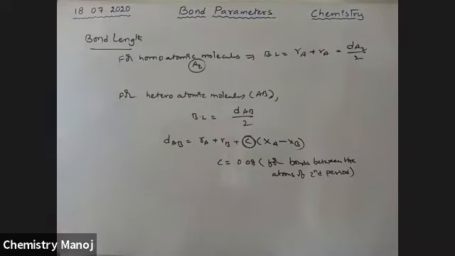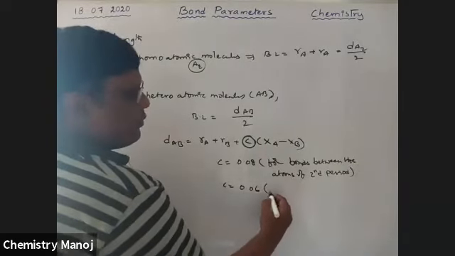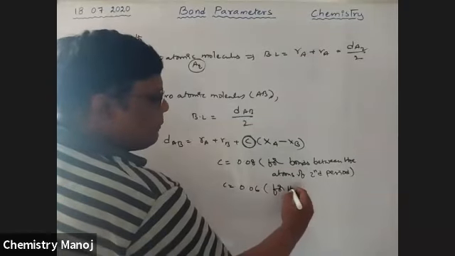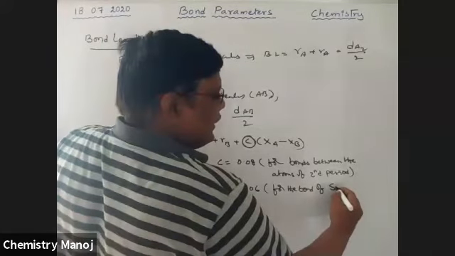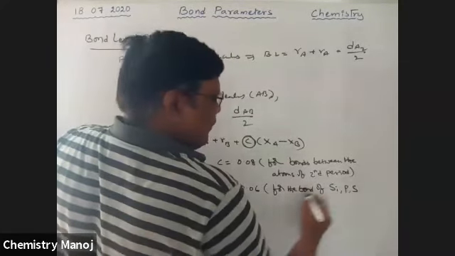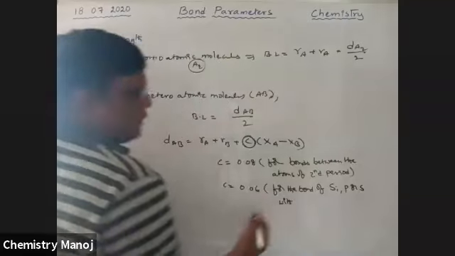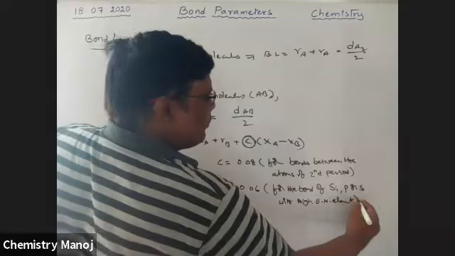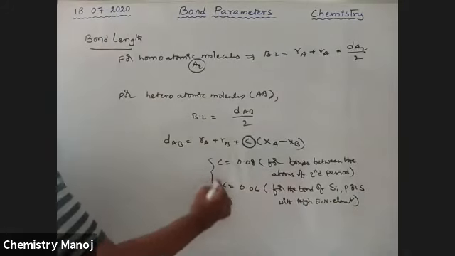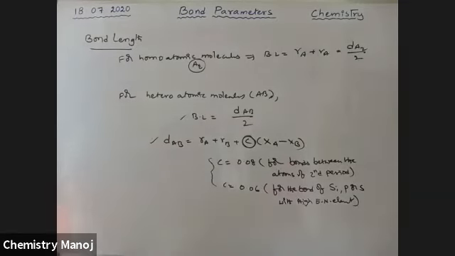If the bond is present between atoms of second period elements, automatically C is equal to 0.08. C is equal to 0.06 for bonds of silicon, phosphorus, or sulfur with highly electronegative elements. So this is the C value. By using these values we can calculate diameter, and by using this diameter, we can calculate bond length.